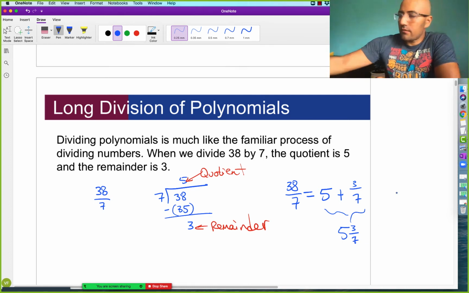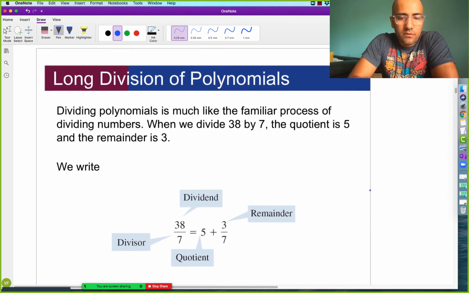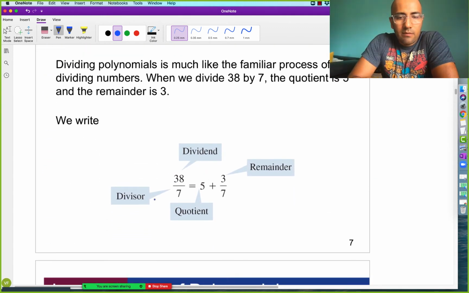Good. We're happy with that process? Okay, so same thing. We end up with 38 divided by 7, and then we have our quotient plus the remainder over the divisor. Keep that process in mind. When we want to divide a fraction like this, we get the quotient, which is the whole number part. How many times does this denominator go into that? A whole number of times, 5 times.